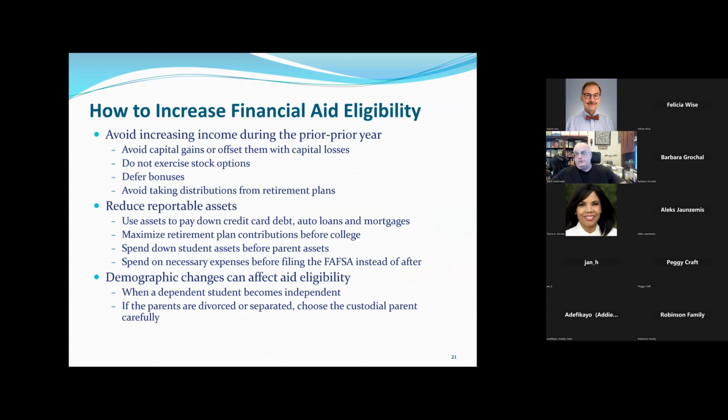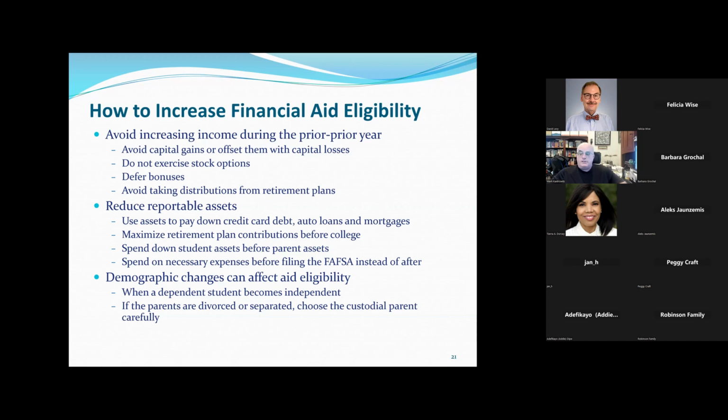And artificial increases include capital gains, unless you've offset them with capital losses, stock options, bonuses, and taking distributions from retirement plans. Even a tax-free return of contributions from a Roth IRA will count as untaxed income on the FAFSA.